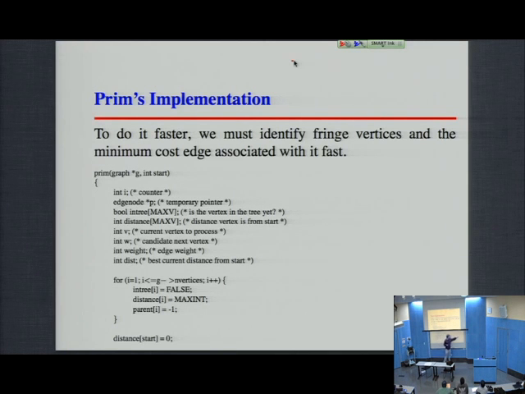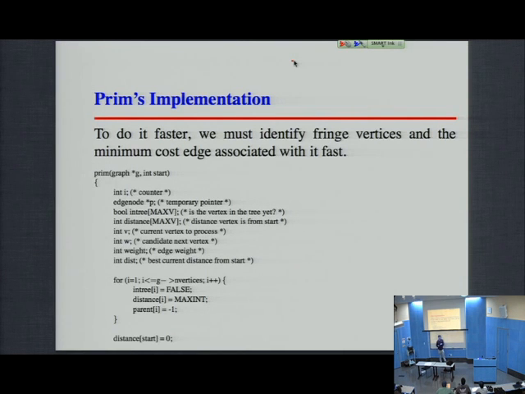San Francisco is not within one hop of it. But as we grow and grow, there are some vertices that are in our tree, some vertices that are within one edge of it, and other vertices that are not within one edge of it.